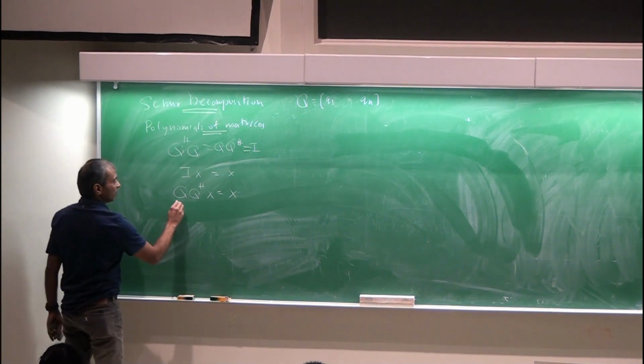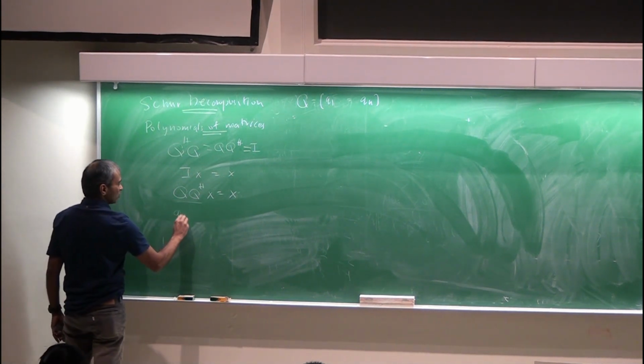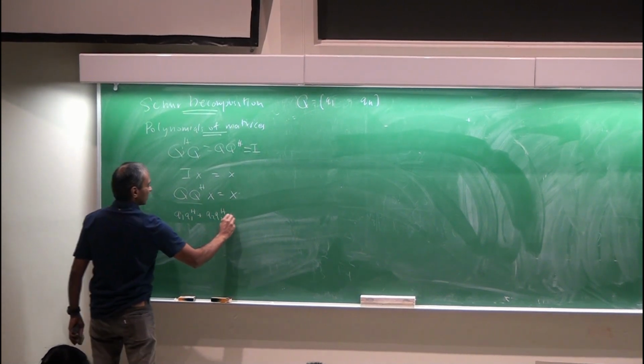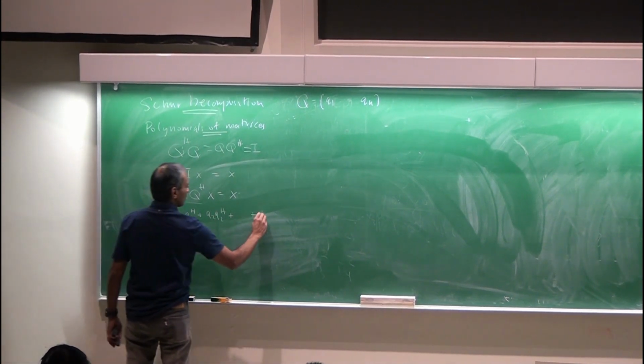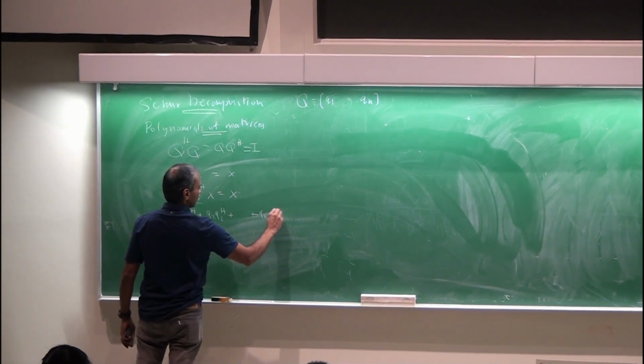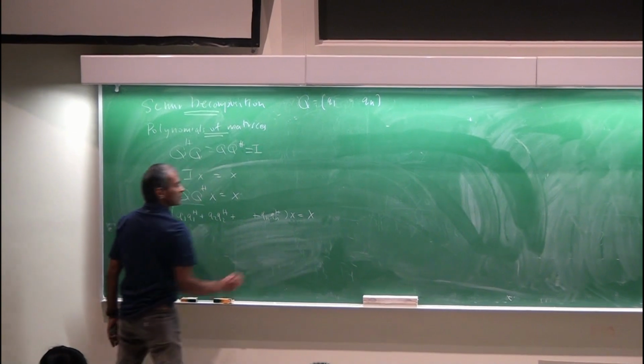Then we know that we can write this in outer product form as Q1 Q1^H plus Q2 Q2^H and so on, times x. We've done this calculation once before, but I wanted to repeat it before I say something a little bit more general. It is equal to x.